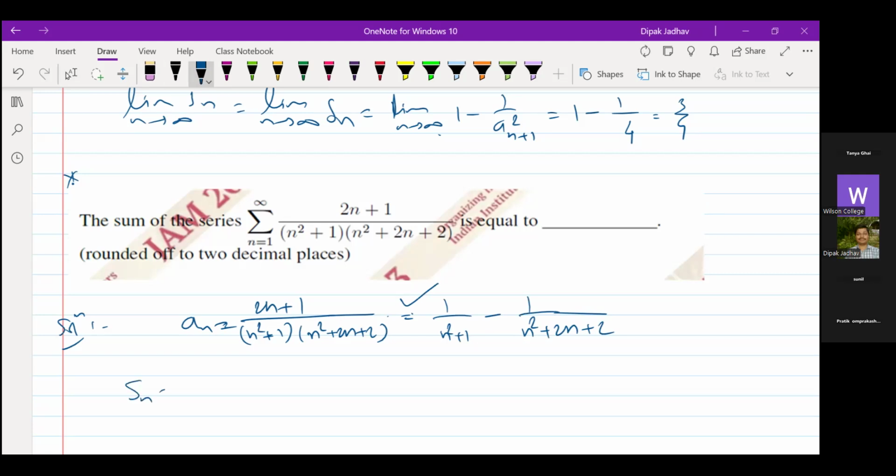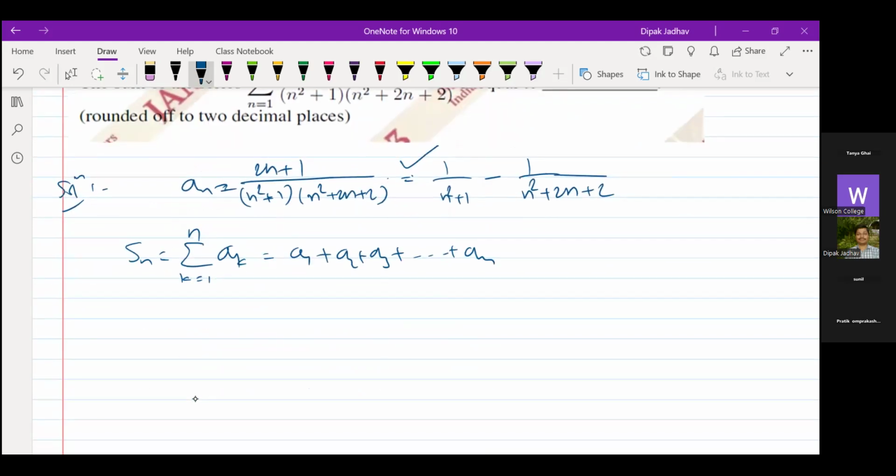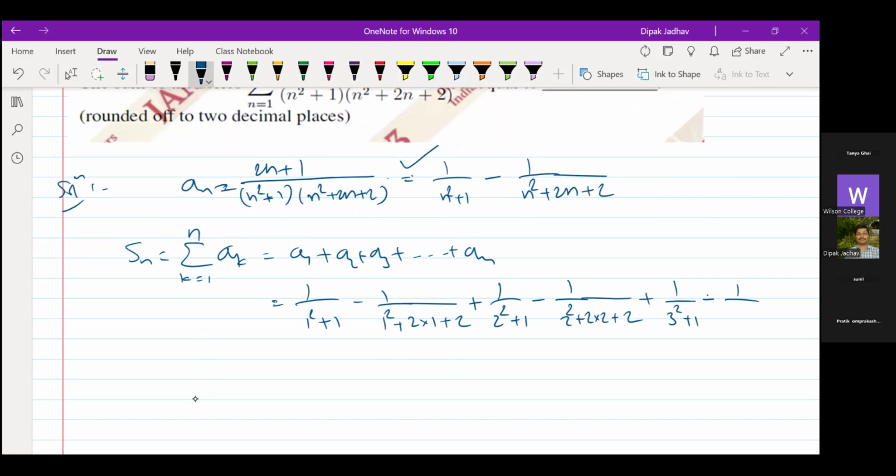So when I try computing Sn, summation k from 1 to n, ak, that's nothing but a1 plus a2 plus a3. a1 is 1 by 1 square plus 1 minus 1 by 1 square plus 2 into 1 plus 2, plus a2, 1 upon 2 square plus 1 minus 1 upon 2 square plus 2 into 2 plus 2, plus a3, 1 upon 3 square plus 1 minus 1 upon 3 square plus 2 into 3 plus 2, plus and so on.